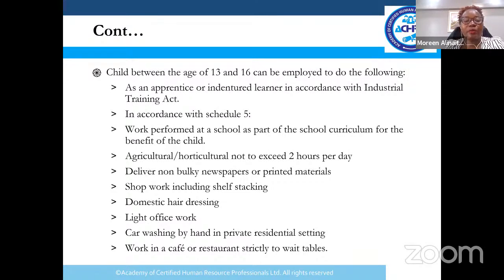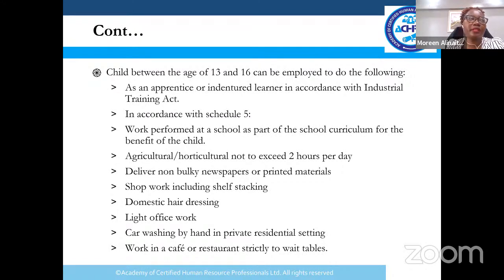They can also be employed in a shop as attendants, including shelf stacking. They can also do domestic hairdressing, not commercial, domestic. They can also do light office work. They can also wash cars, car washing by hand, not by the pump, by hand in a private residential setting.